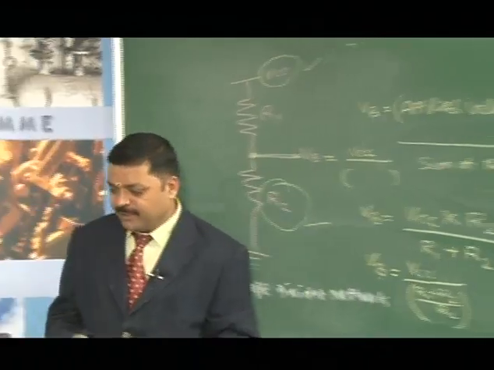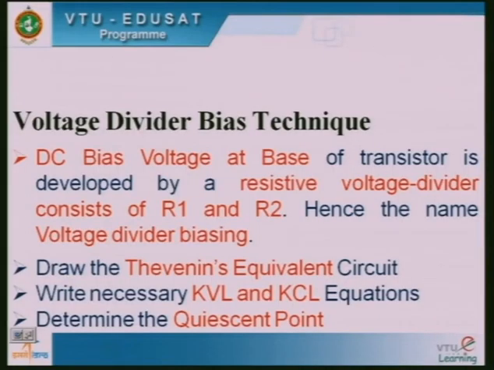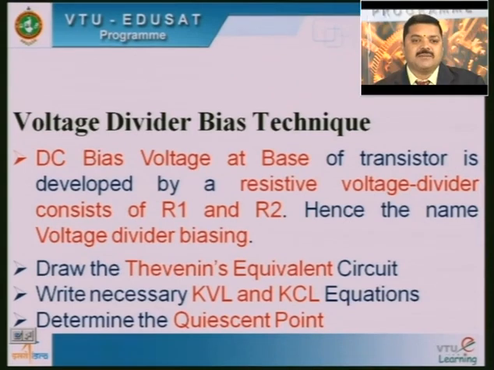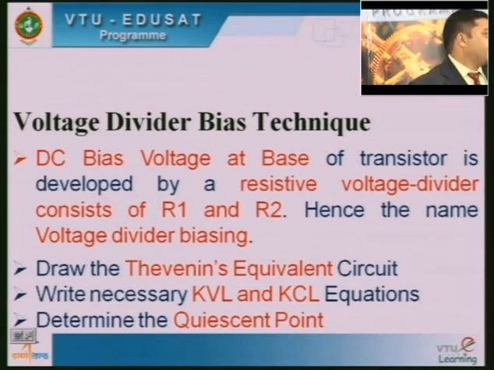Let us come to these PPTs. So, what is the voltage divider biasing technique? The DC bias voltage at base of the transistor is developed by a resistive voltage divider consisting of R1 and R2. This is the circuit.